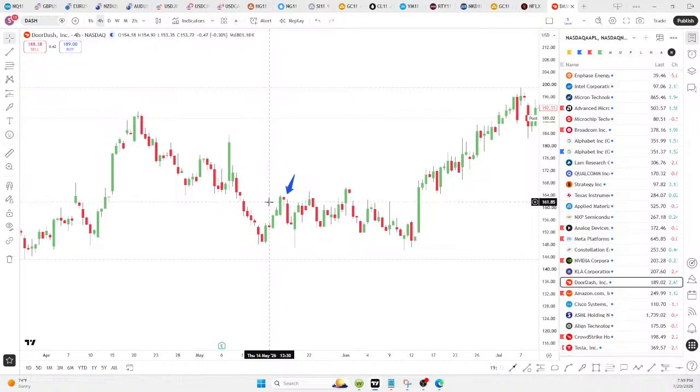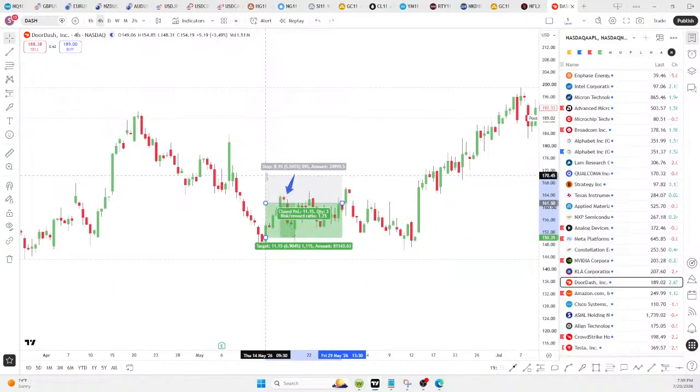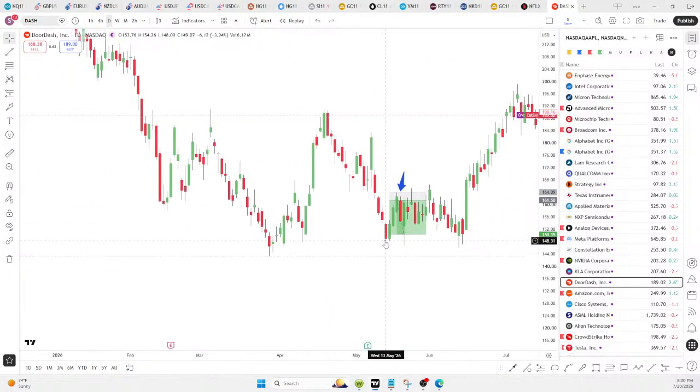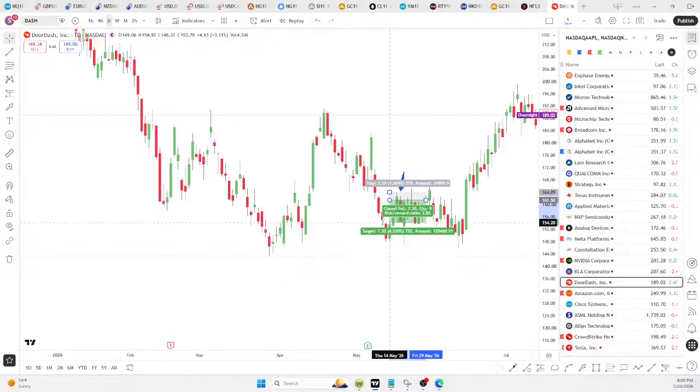You see right here, green, small candle, and red. So your order should be, sometimes the order works from week to week, here, and your target should be the body. This is the body of the candle. So the target should be at the body, as you see.